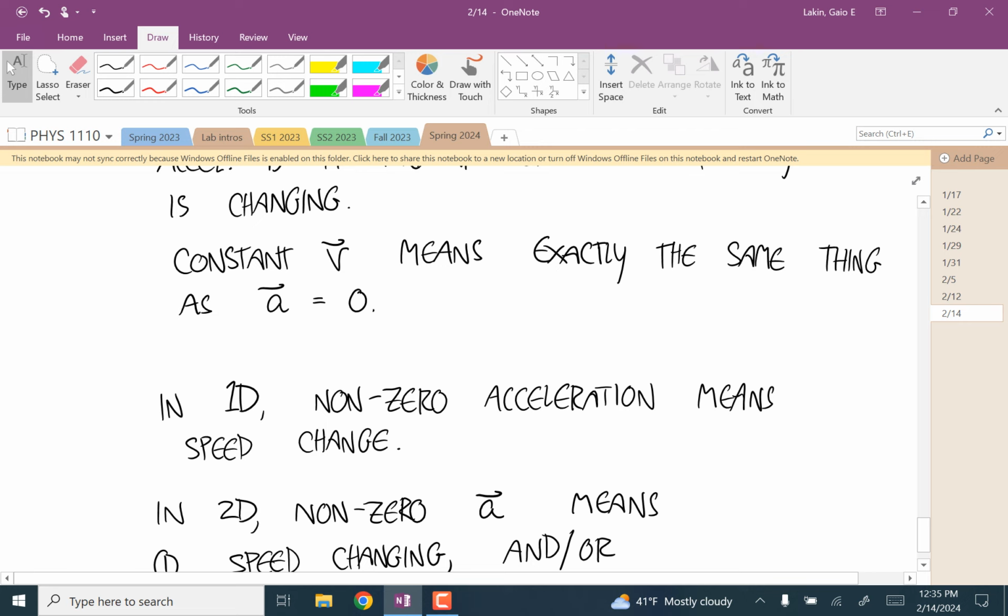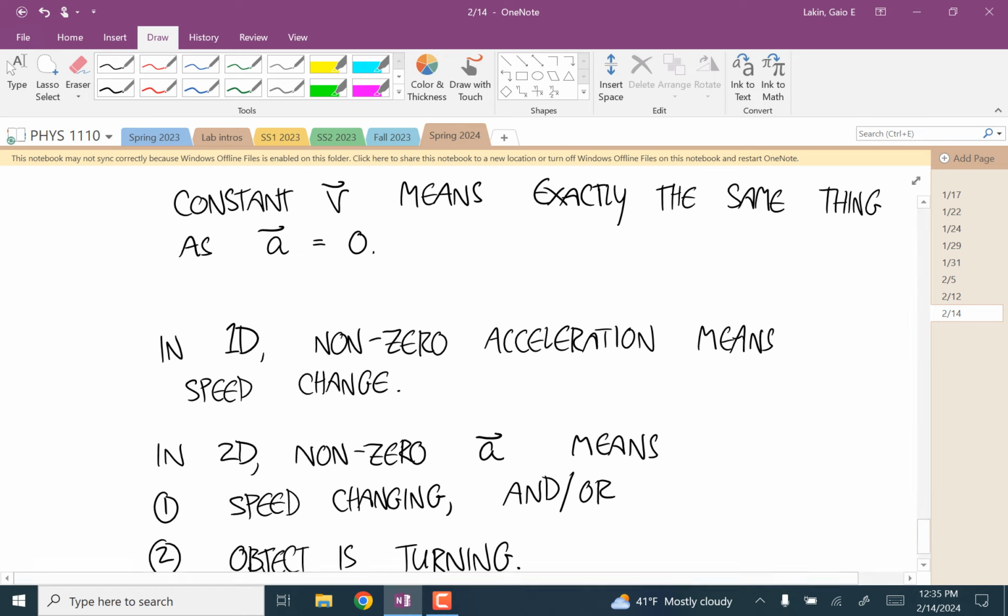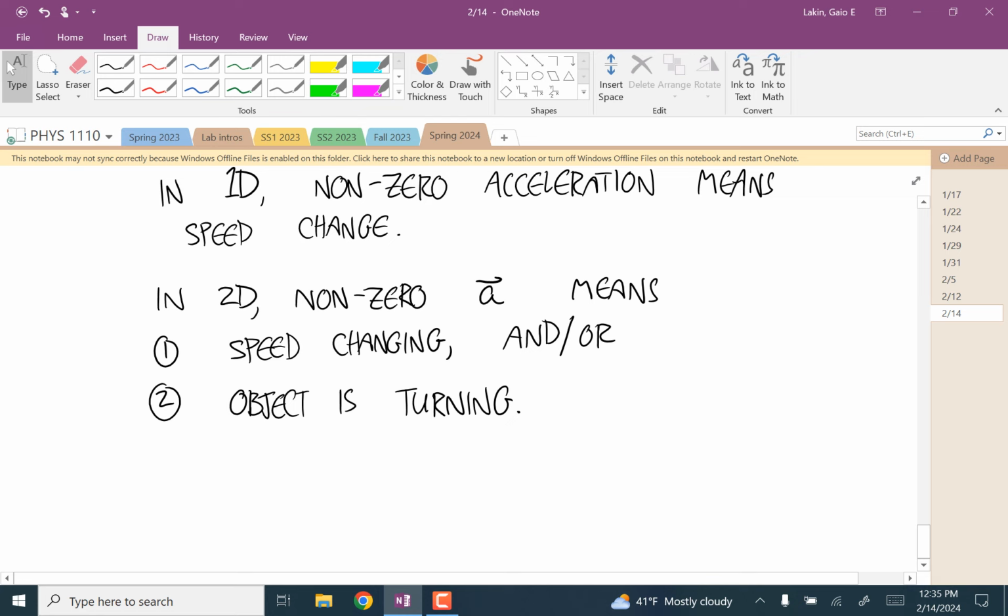Remember that acceleration just means the velocity is changing in some way. And remember that velocity has a magnitude and a direction. Okay? The magnitude is the speed, and the direction is the direction the thing is moving. So the speed is changing if the magnitude of the velocity is changing.